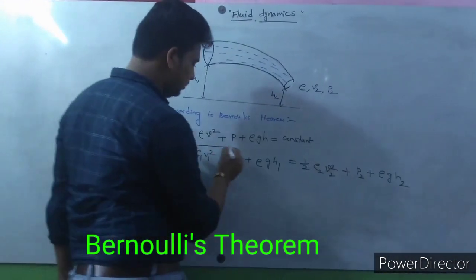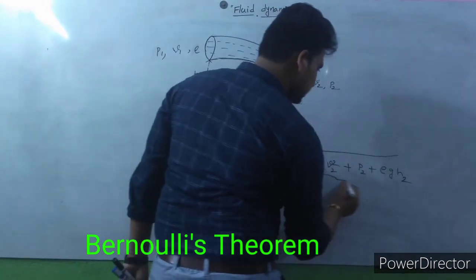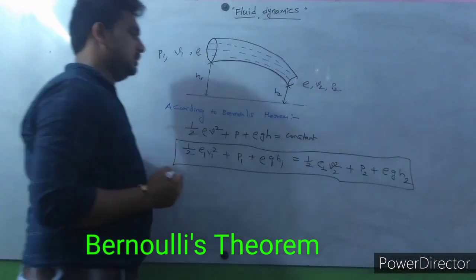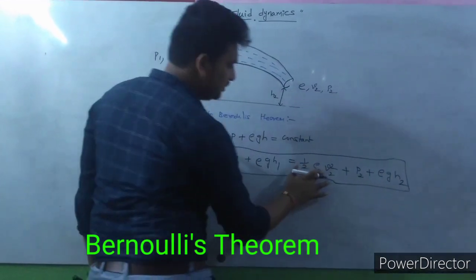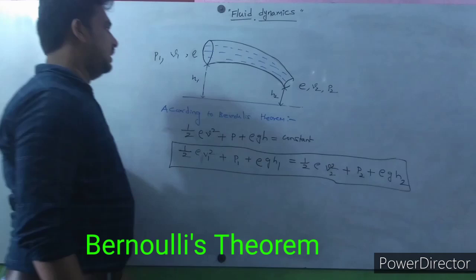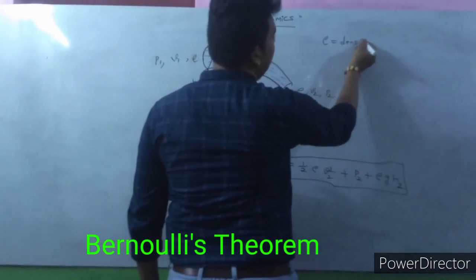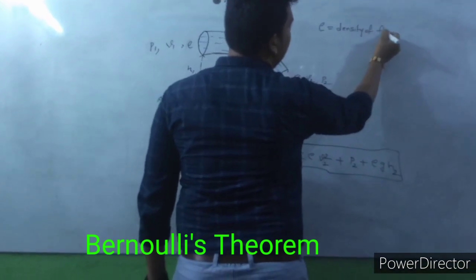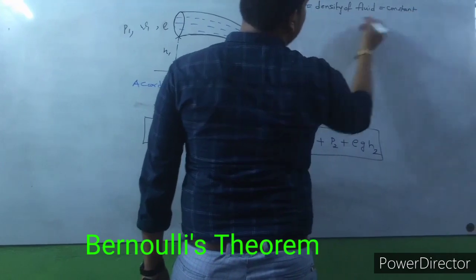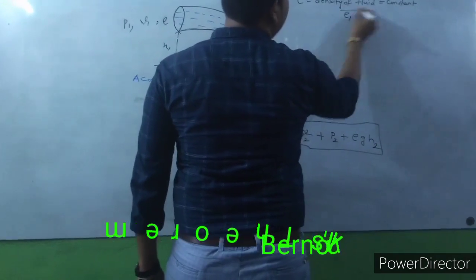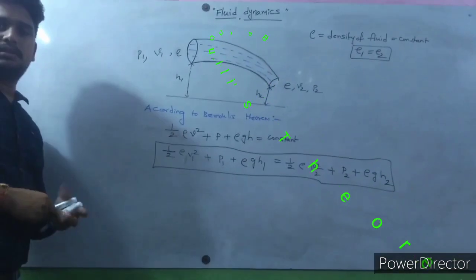This is by applying Bernoulli's theorem: half rho into v1 square, and here half rho into v2 square. Rho means the density of the fluid. The density of the fluid is constant here, that means ρ1 is equal to ρ2. Next.